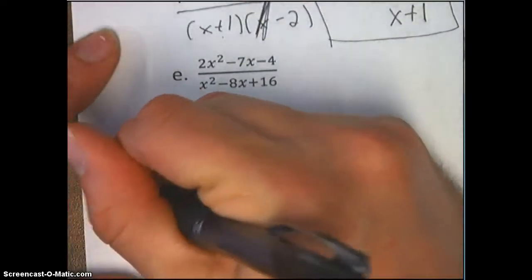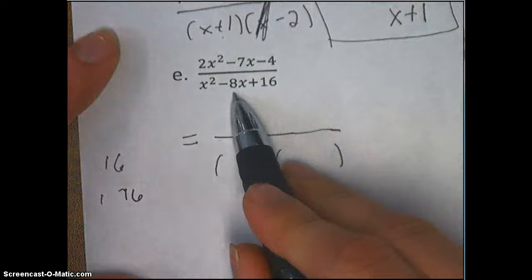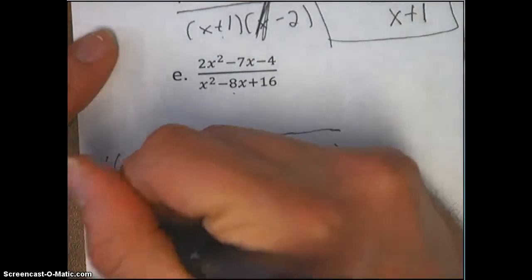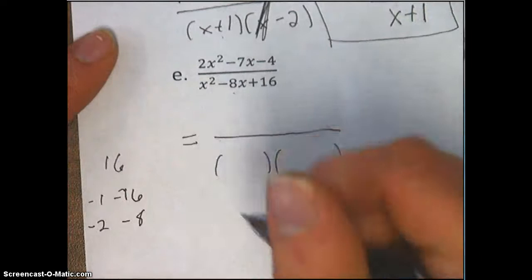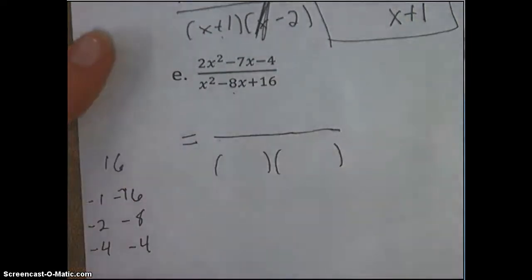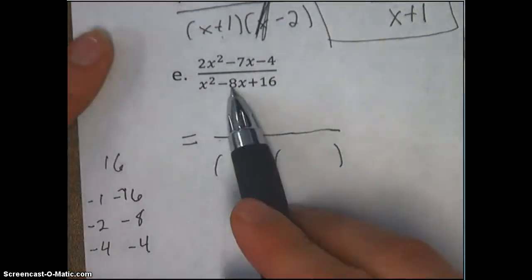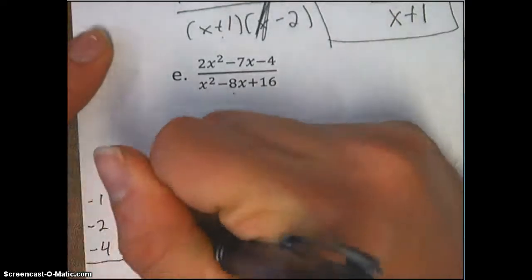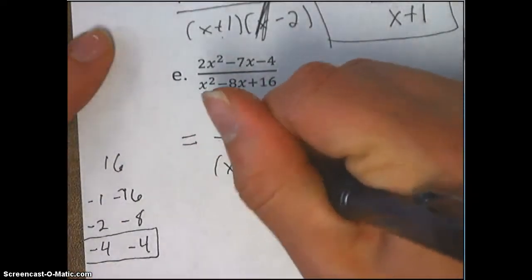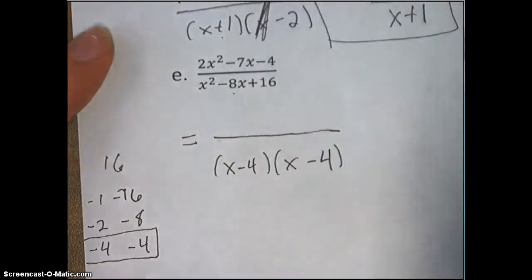That's 1 and 16, but I'm looking for a negative 8, so I know that they're both negative. Negative 2 and negative 8, negative 4 and negative 4. Those are all the factors. Which one adds to negative 8? Well, that's this one right here. So now I know the bottom is x minus 4 times x minus 4.